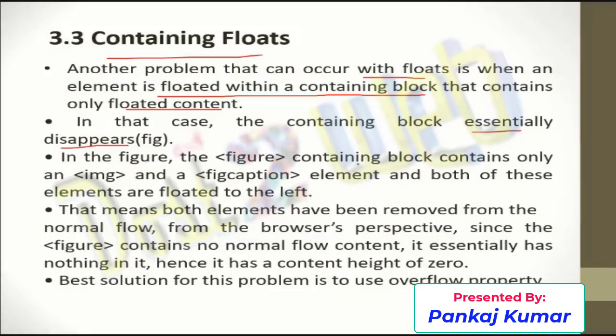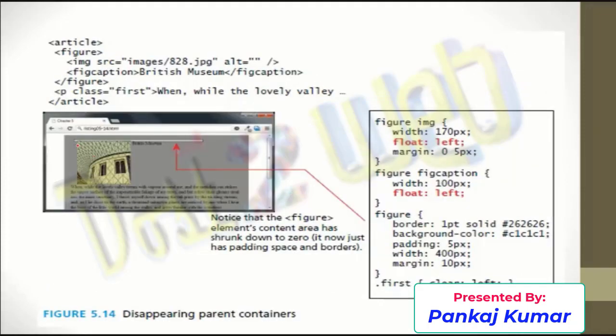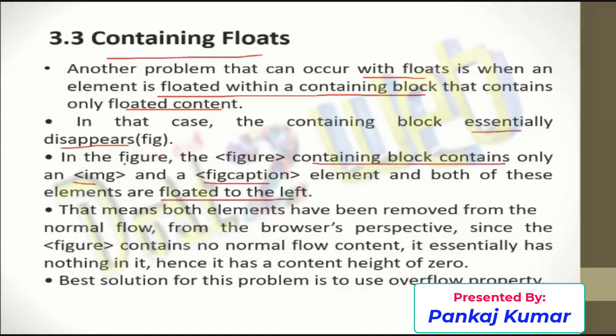So in the figure, the containing block contains only the image and a figcaption element. And both of these elements are floated left. You can see here, I'm using both elements floated to the left only. But what happened? Here it is not going to be displayed, right? So the parent container which I have defined is disappearing, it is missing there.